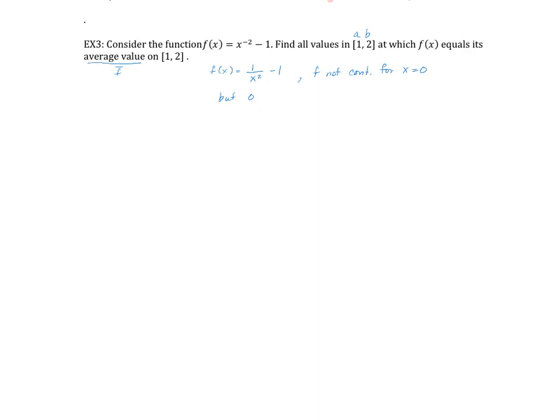So we can conclude that f is continuous on the interval from 1 to 2. Again, it's really important that before you use a theorem, you check the conditions. So by this theorem, there's going to exist at least one point where the average value of the function is equal to a y value of the function.